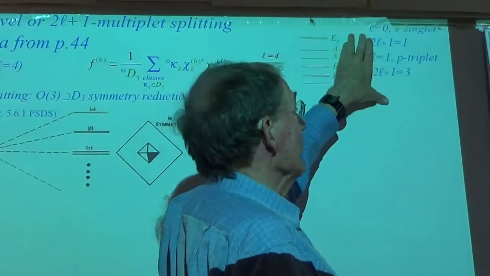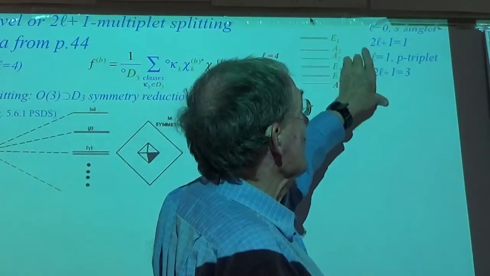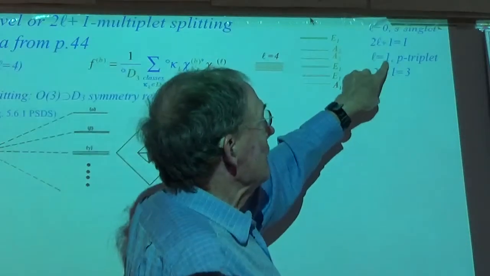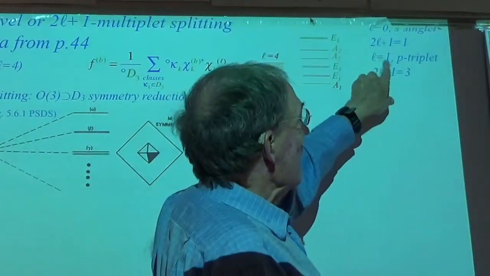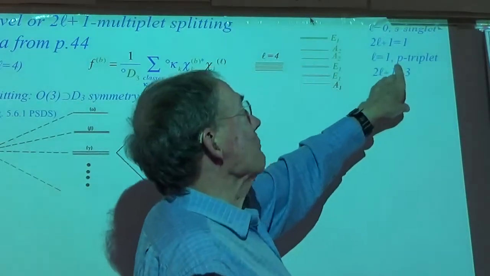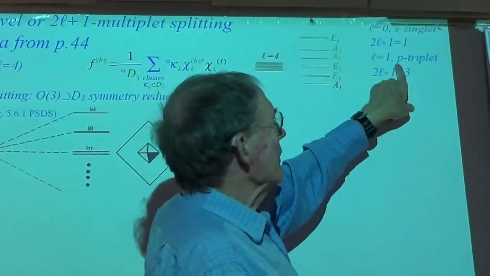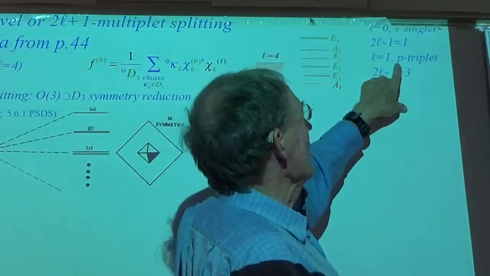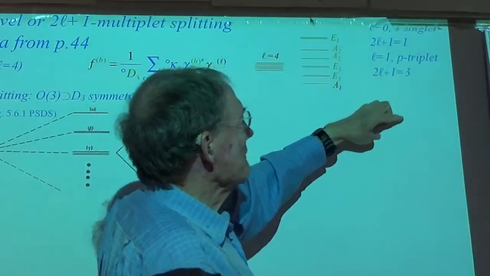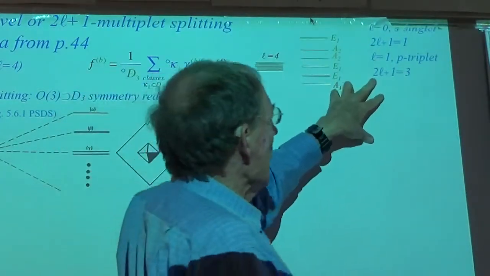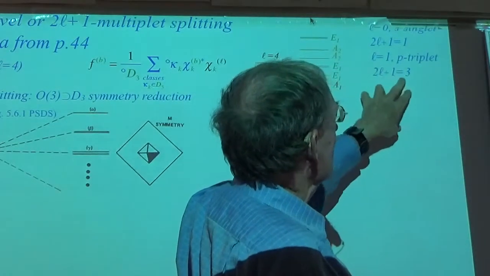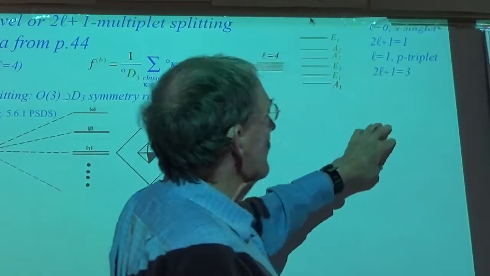But the brightest of them were due to an angular momentum 1, L equal 1. 2L plus 1 is 3. That's the P triplet. P stands for principal. Because they were brighter and made good standards, they were called the principal lines, the P lines.